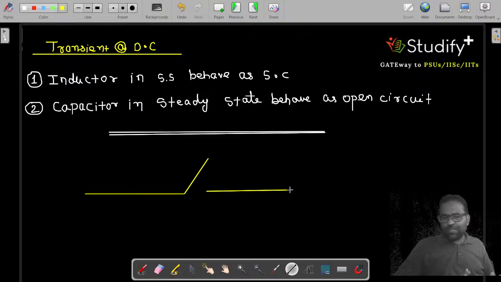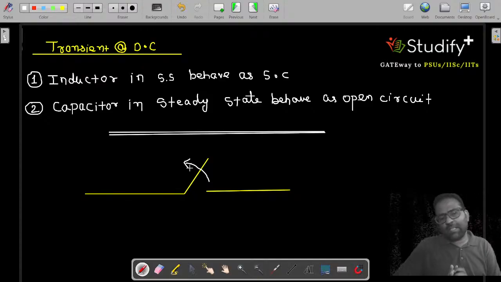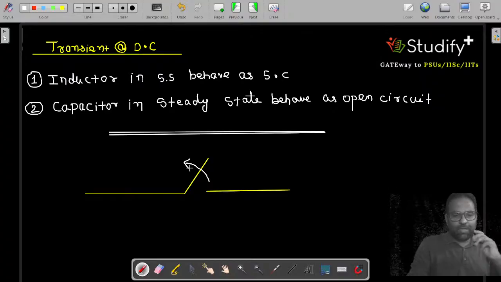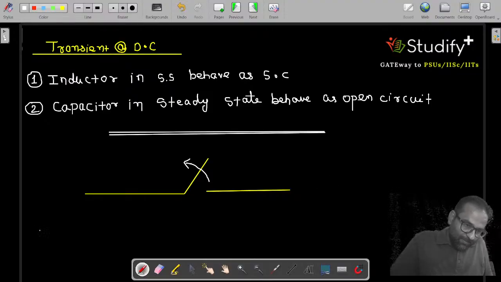The direction of the arrow can be opposite of what we have taken. So in this switch we can say every position of the switch is a stable position. This is the first assumption.